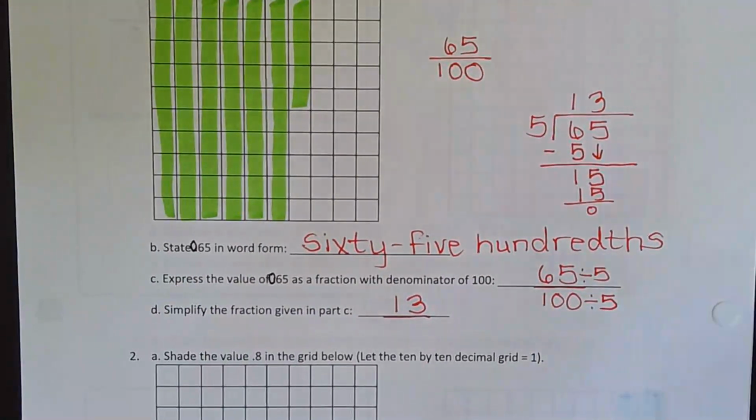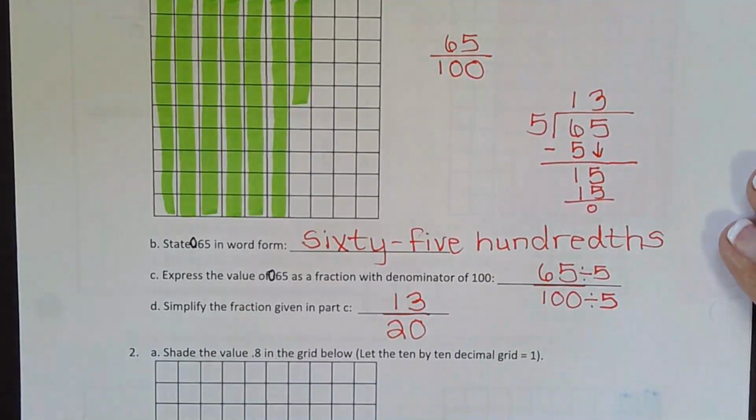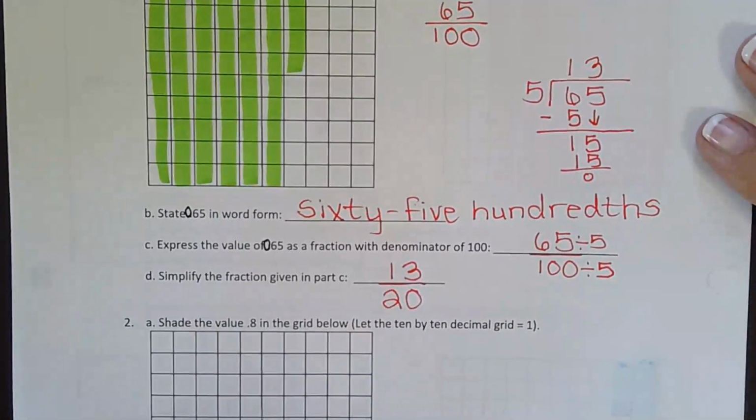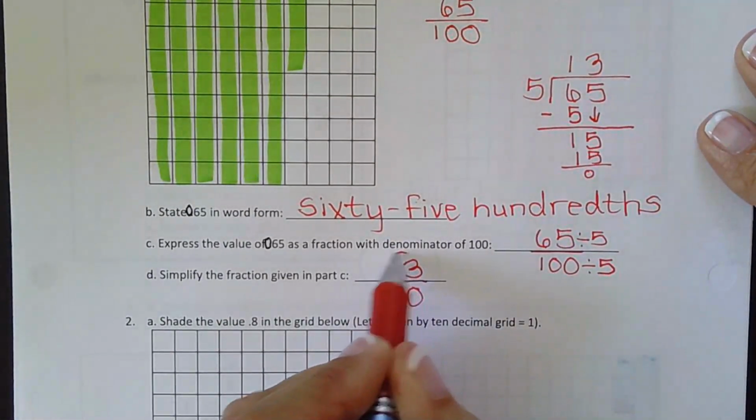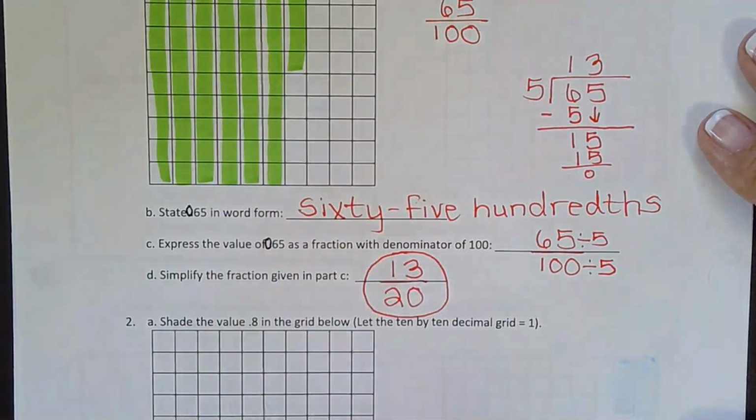So that would be 20. 13 is prime, so I can tell that I have it completely simplified since 13 doesn't go into 20. So there is our simplified value of what's shaded.